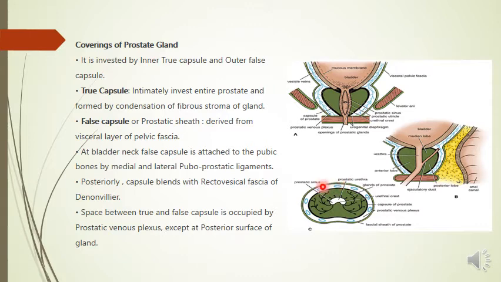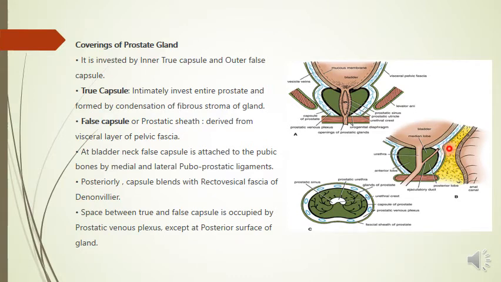So here this is the posterior surface, it blends with the rectovesical fascia of Denonvilliers, this one here, posteriorly. This is the rectum and anal canal, and this is the fat which is present between the prostate and the rectum, and then the posterior surface here blends with the rectovesical fascia of Denonvilliers.